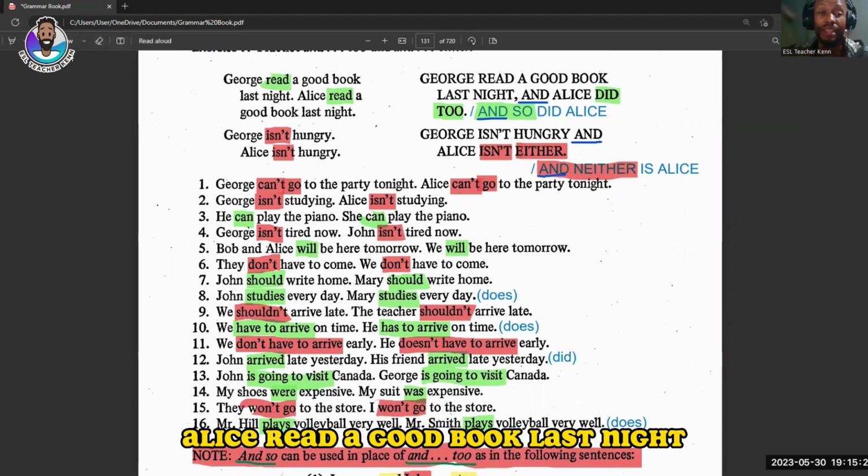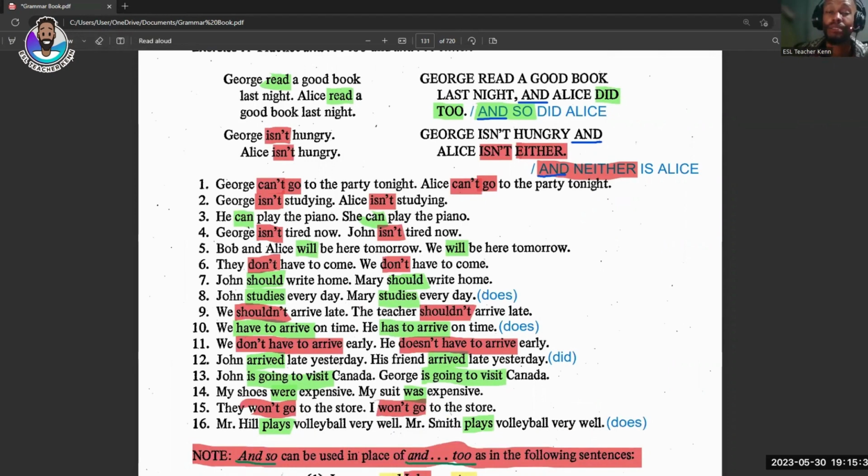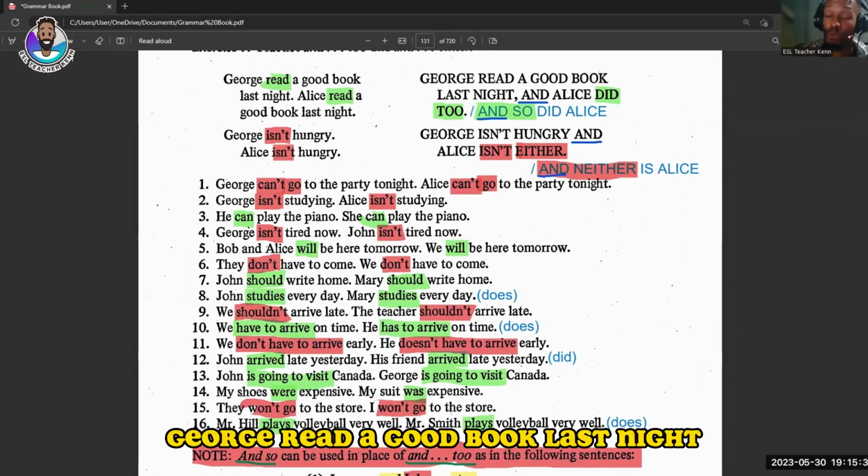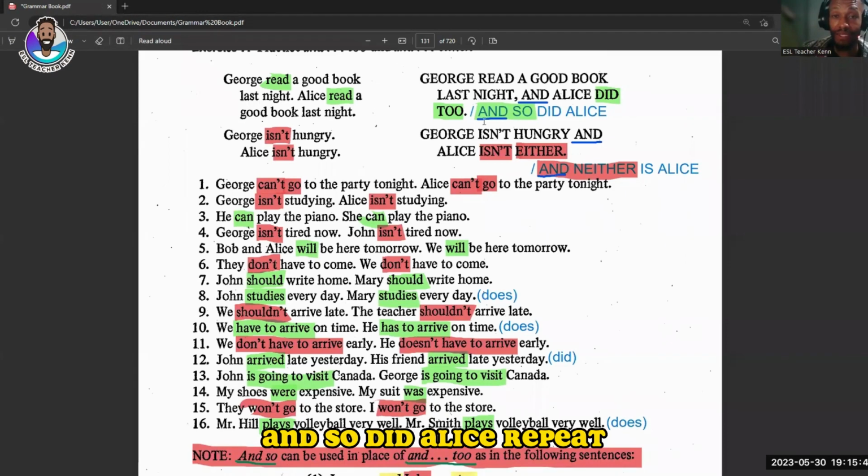Alice read a good book last night. George read a good book last night, and so did Alice. Repeat.